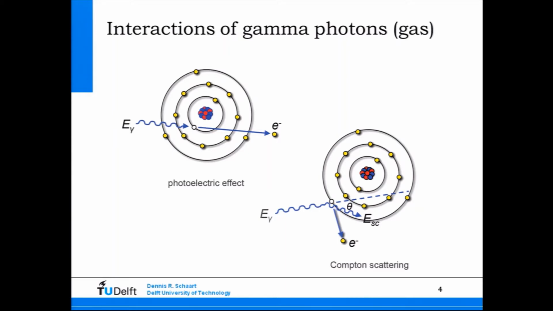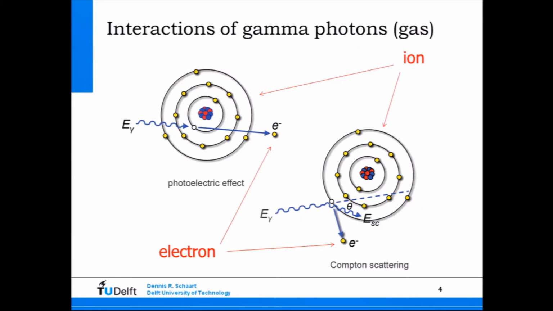And the two effects that are of interest to us are the photoelectric effect, where the photon basically kicks out an electron from an atom, and the Compton effect, where the photon gives a part of its energy to kick out an electron, and a second photon is created which travels along with a lower energy and in a different direction. So what we have here is electrons that have been kicked out of their orbit, and of course we also have ions. The remaining atoms are being ionized.